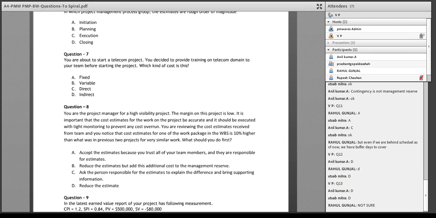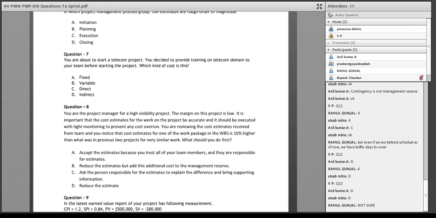Project cost control includes all of the following. The D is actually saying aggregating the estimated cost of individual activities or work packages to establish an authorized cost baseline. Cost baseline is an output of cost budgeting, right?